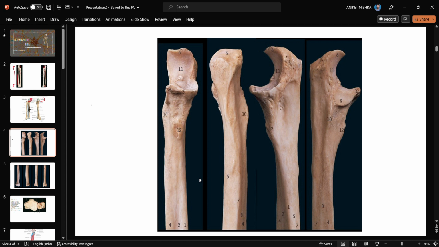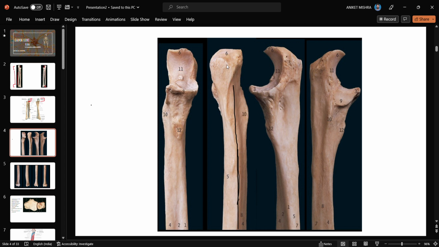The posterior border is subcutaneous and begins above at the apex of the triangular subcutaneous area at the back of the olecranon and terminates at the base of the styloid process. So this is the posterior border of the ulna.